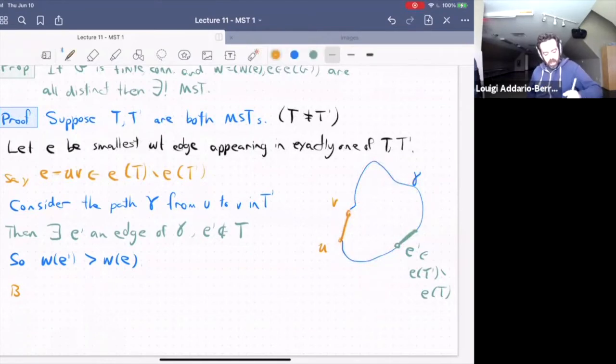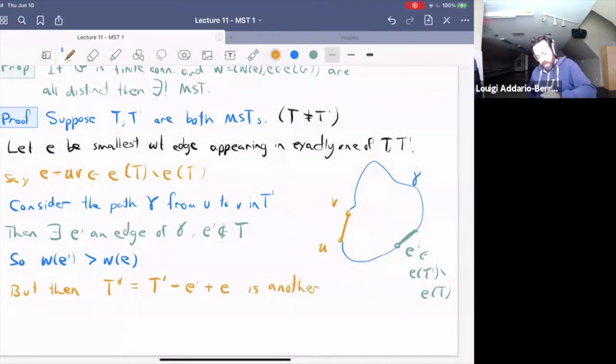So that's saying the tree T double prime, which has the edges of T prime, except that we remove E prime and add in E. So this is another spanning tree. And its weight is what?